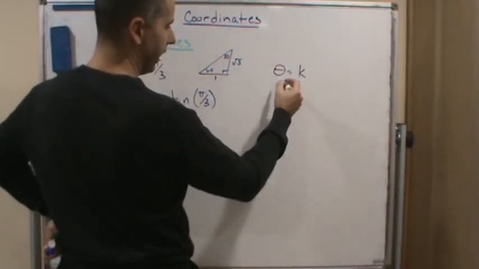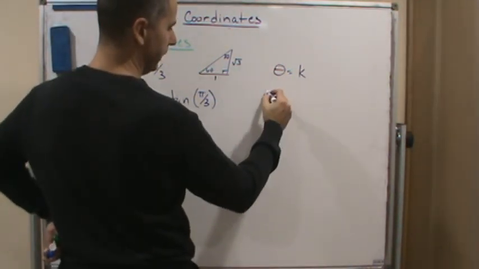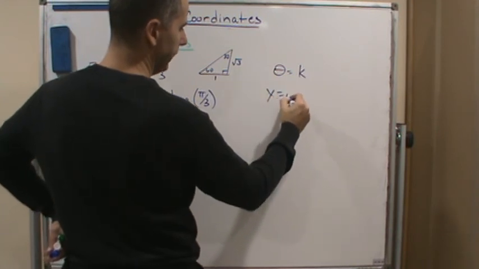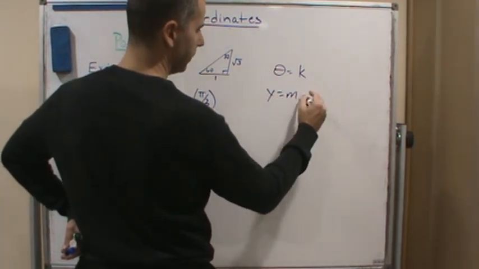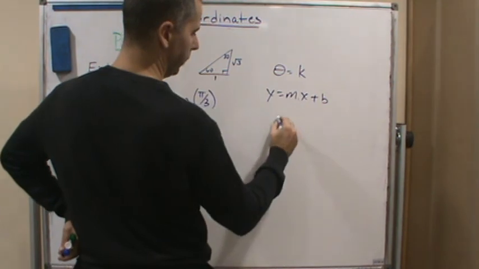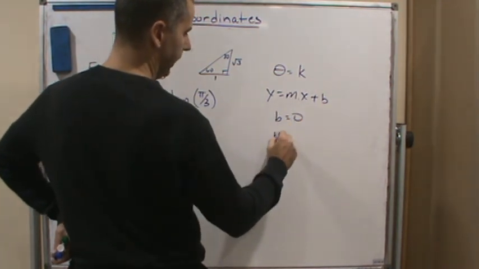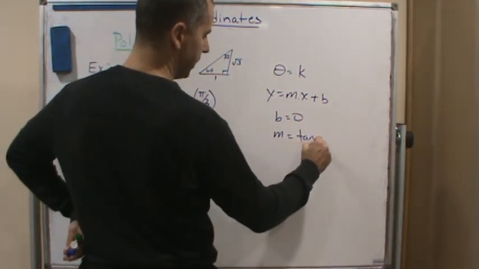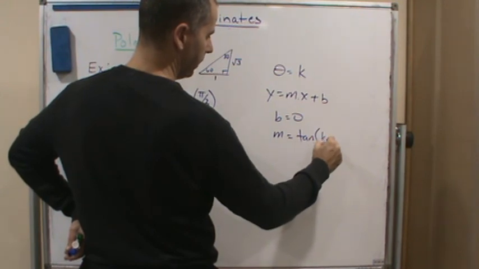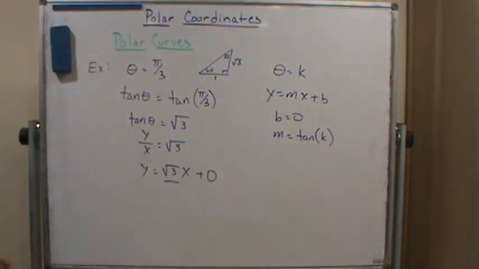So anything with this formula is going to be y equals mx plus b, where b is equal to 0 and m is equal to the tangent of k. And that's it. We'll do another one next time.